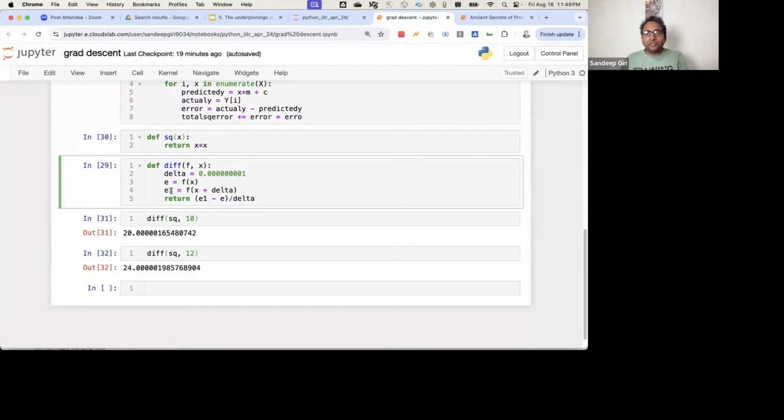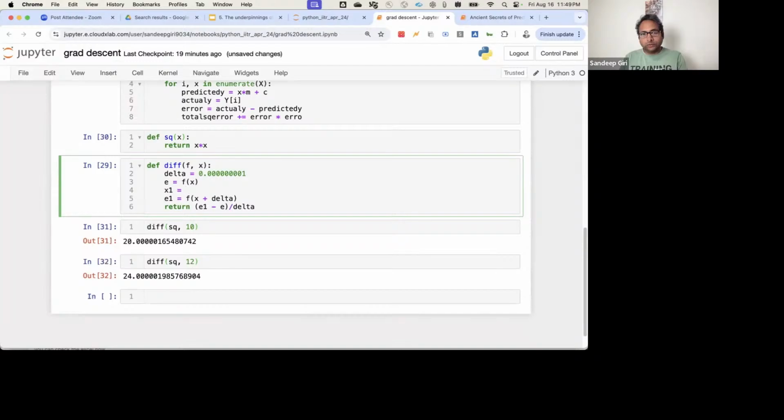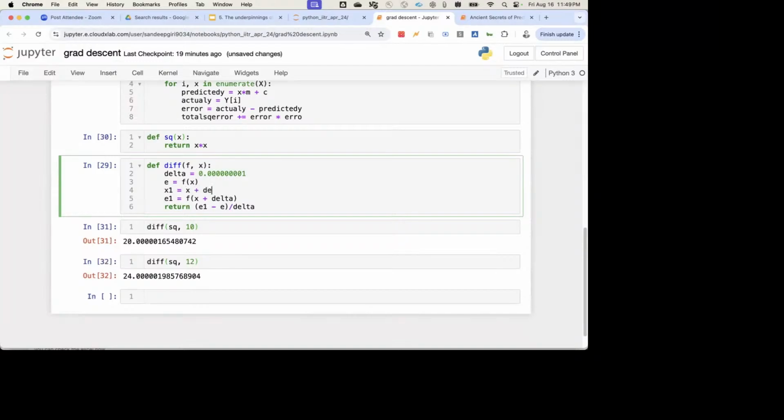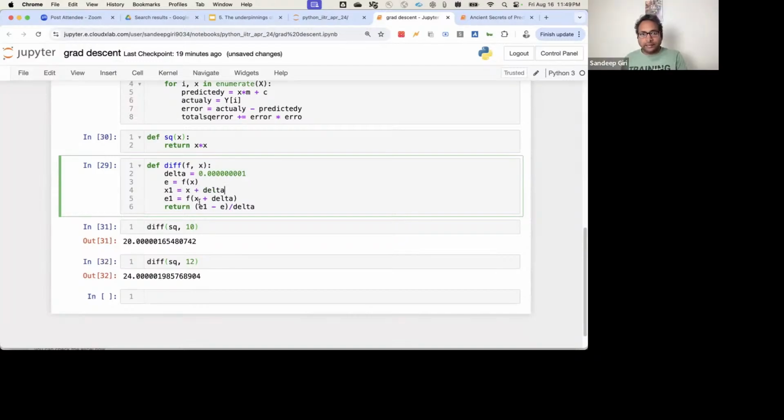So you can think of it this way. The x is this, and x1 is equal to x plus delta. Then we feed x1, we get this, and we are returning rate of change of output by rate of change of input.